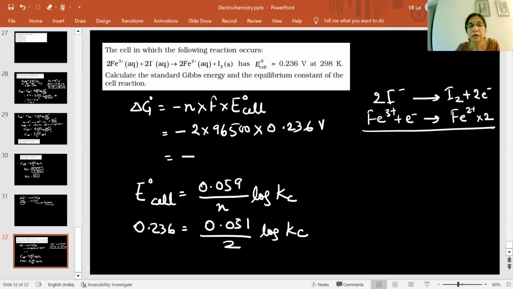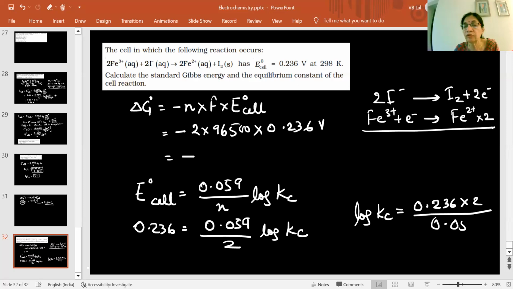So you can say log Kc is equal to 0.236 into 2 divided by 0.059. Okay, so you can leave the answer in that format.